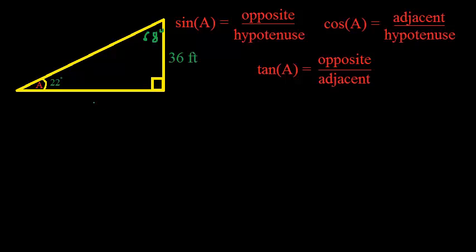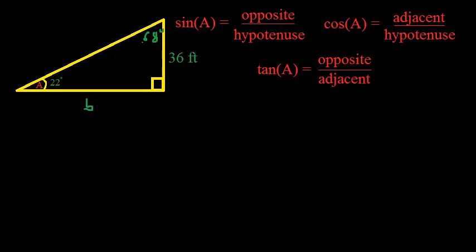If I want to find this side, we'll call this B. Then this side we can find either by using the tangent function, using our 22 degrees, the tangent of 22 being equal to the opposite over the adjacent side, or I can use the tangent of 68 degrees where the opposite is B over 36. It's usually easiest to solve it when I have the unknown as my numerator.